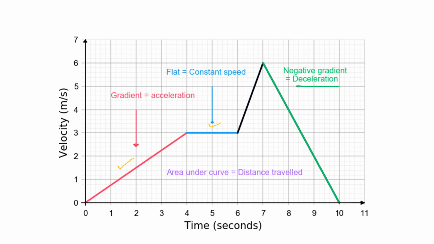Then you will have an increase in the velocity again at that section. And an increase in velocity means there's acceleration. And then you have a deceleration at that negative gradient over here. A deceleration, which means the velocity decreases up to a point where the velocity is zero again.